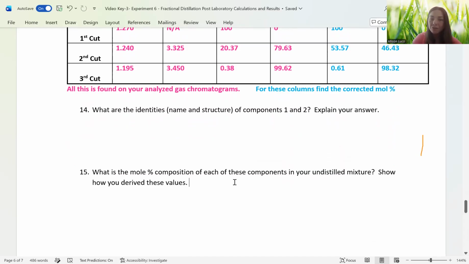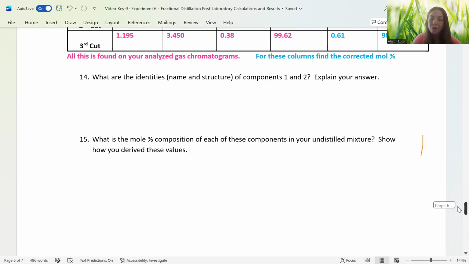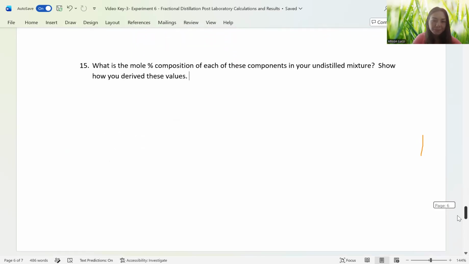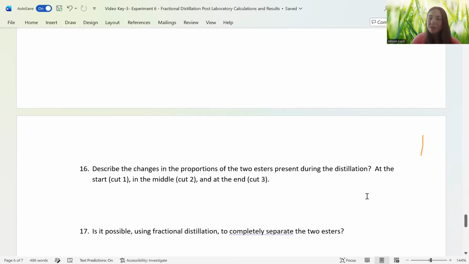And then when it says show how you derive these values, you can either give me handwritten sample calculations or type up some sample calculations here of those mole components or mole percent compositions. And then the last questions in your post-lab document, you're just asked to describe the changes in the mole percent during the distillation. At the start, cut 1 would be the first 10 drops.